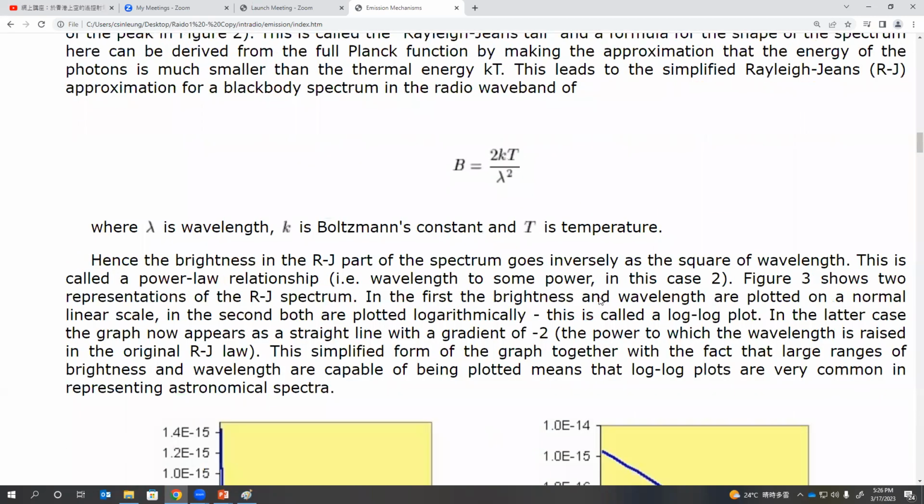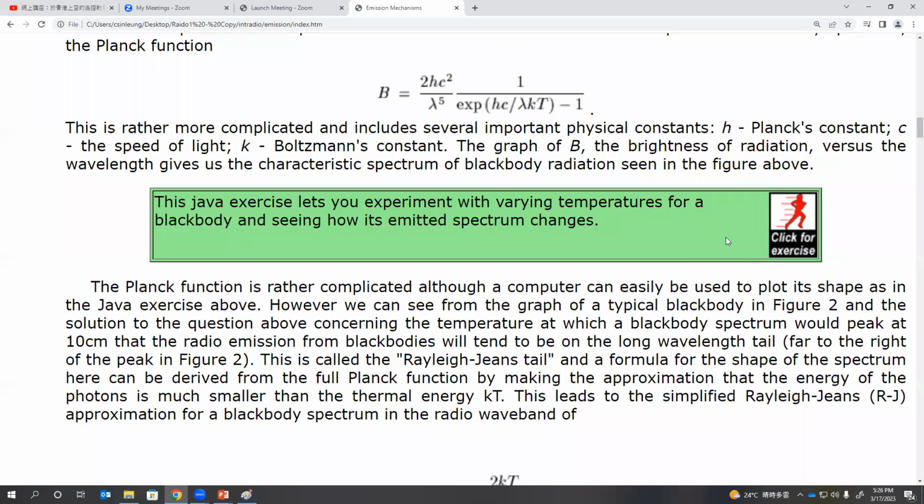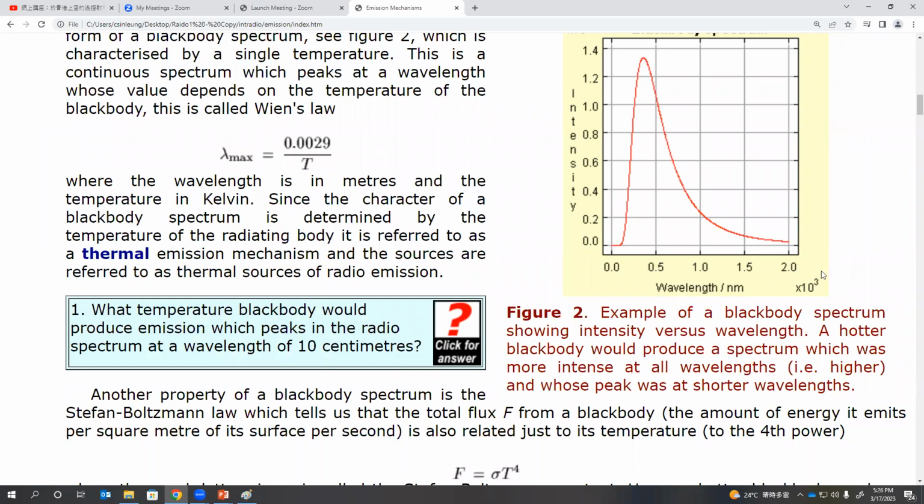And now next, as we mentioned before, radio astronomers major focus on this side, the so-called low frequency and long wavelength.